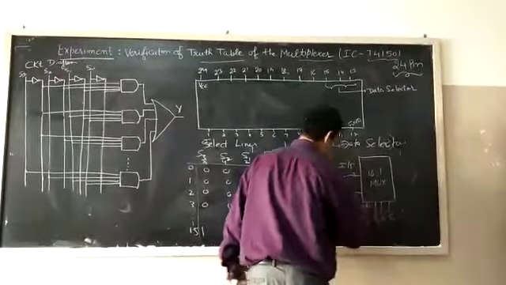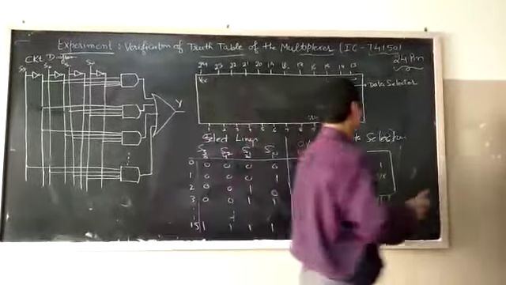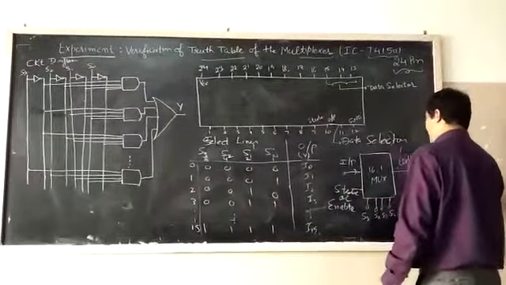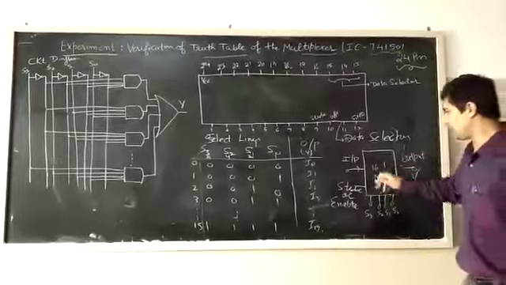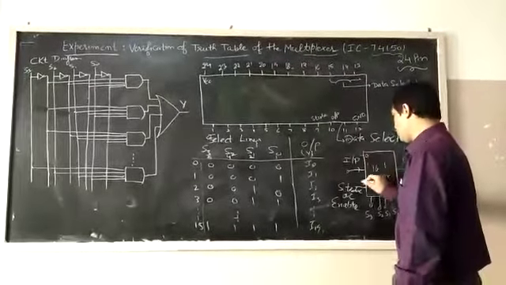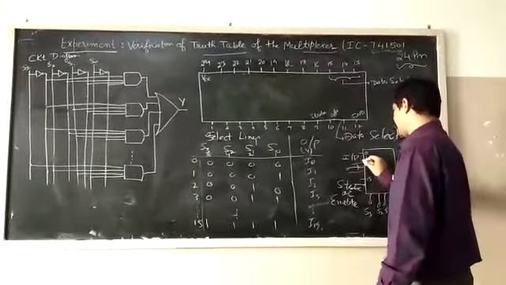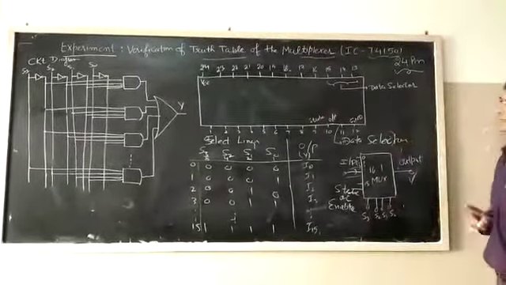Without using this pin, it will not get enabled. This is the output Y. Here you can see that inputs are from 0 to 15, and one is the strobe, one is the output.